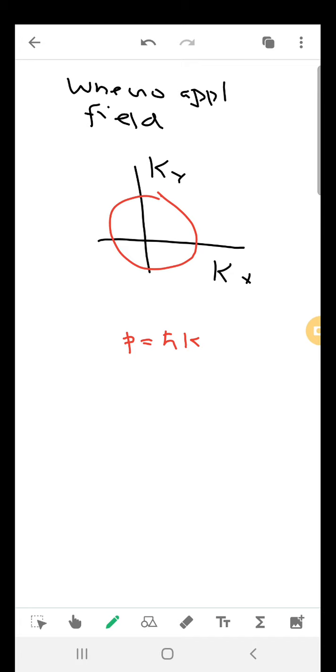That means the electron cannot pass through this Fermi circle; it has to stay inside it. There will be a Fermi velocity corresponding to this Fermi circle, and that velocity will be V_F, equal to h cross k by m.